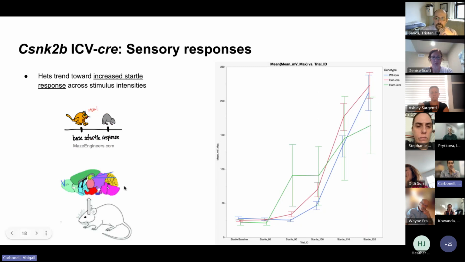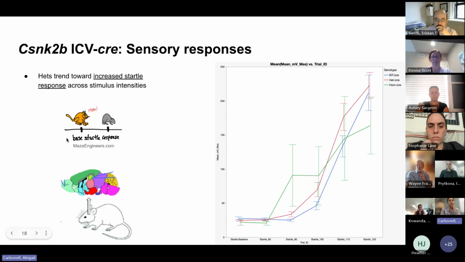CSNK2B in the brain seems to be involved in how mice respond to an auditory stimulus. For example, in the wild, for a mouse, it would be something like a cat. If they make a sound, the mouse startles, and that's how they're able to integrate sensory information from their environment and respond appropriately.